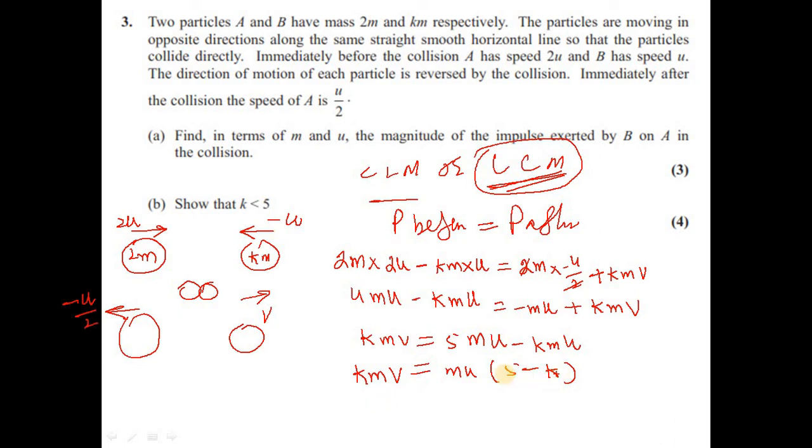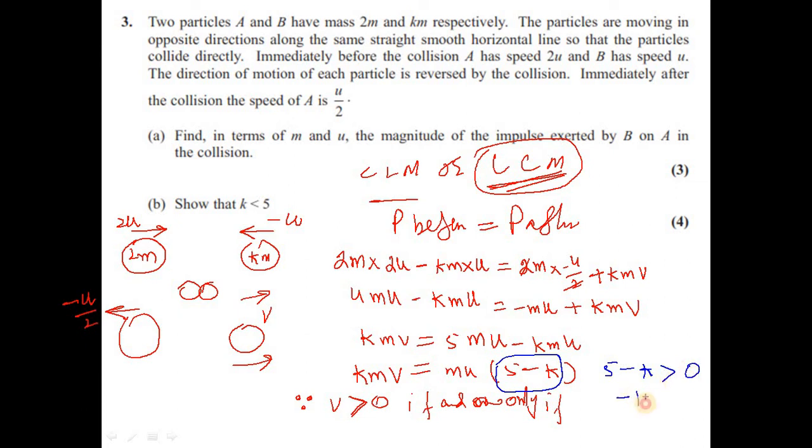Now, v should be positive. What is the meaning of this? In my assumption, particle B after collision is moving rightward. That means the velocity of particle B should be positive, and it will be positive if and only if 5 minus k is positive.